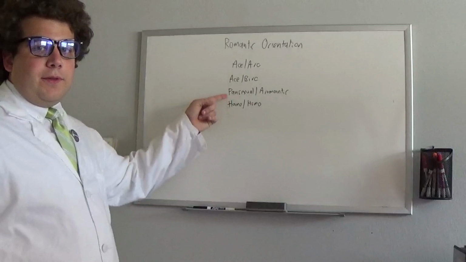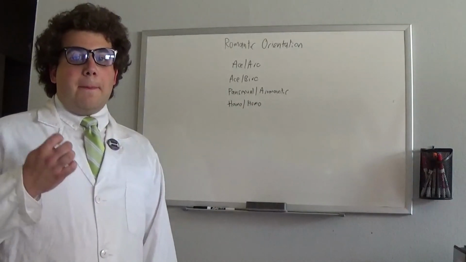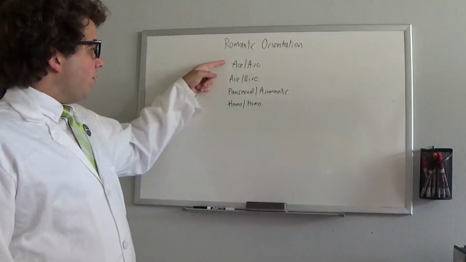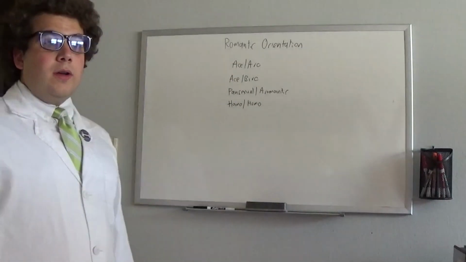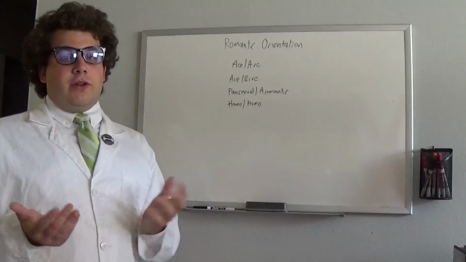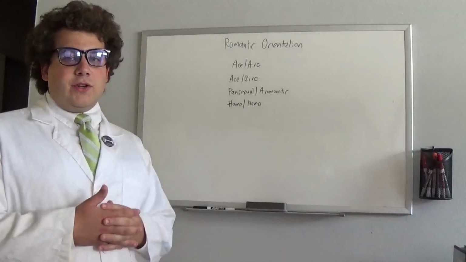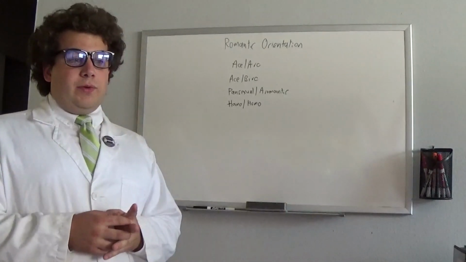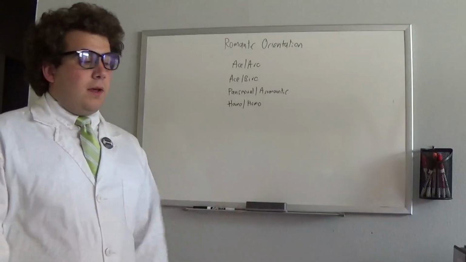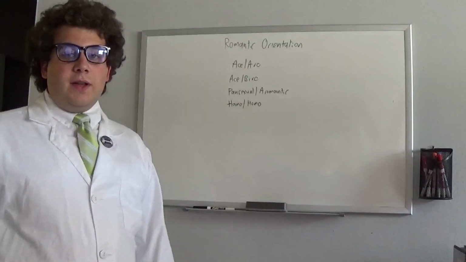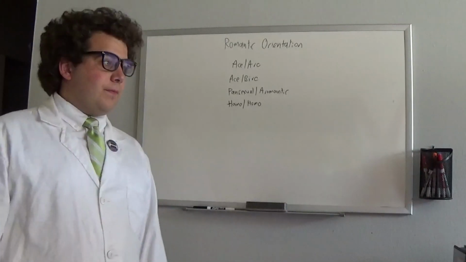So why did I write these 4 things up here on the board? Well, quite simple. They indicate one major point: sometimes, in the case of 1 and 4 right here, your sexual attraction and your romantic attraction match. Say a gay man is only sexually attracted and only really likes to date other gay men. Or an ace-aro person has no attraction, sexual or romantic, towards anybody of any gender.